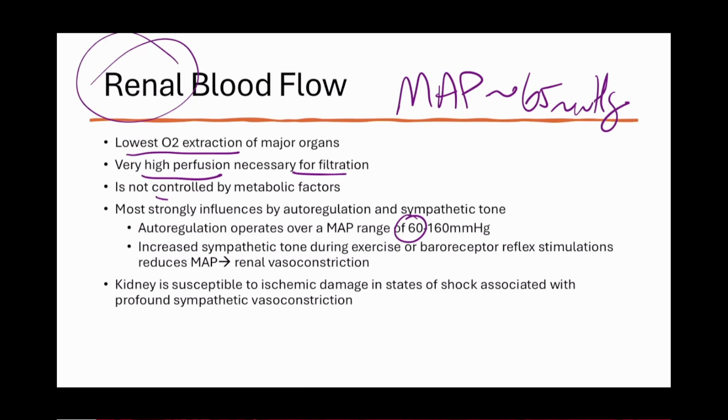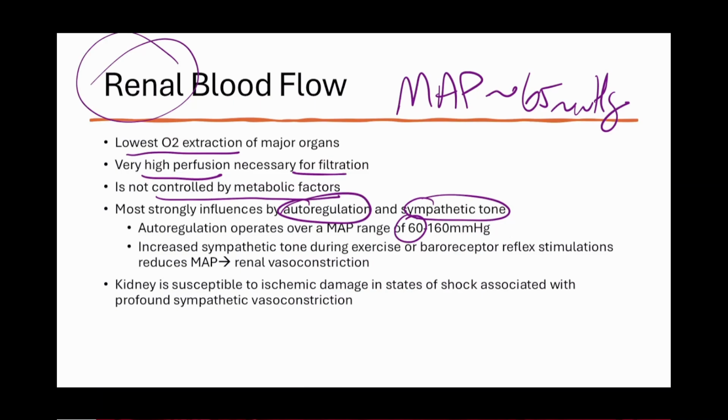Not controlled by metabolic factors. So it doesn't matter what's going on in the body as far as metabolism. It just still requires constant blood flow. Strongly influenced by that autoregulation. We talked about that with the brain and sympathetic tone.